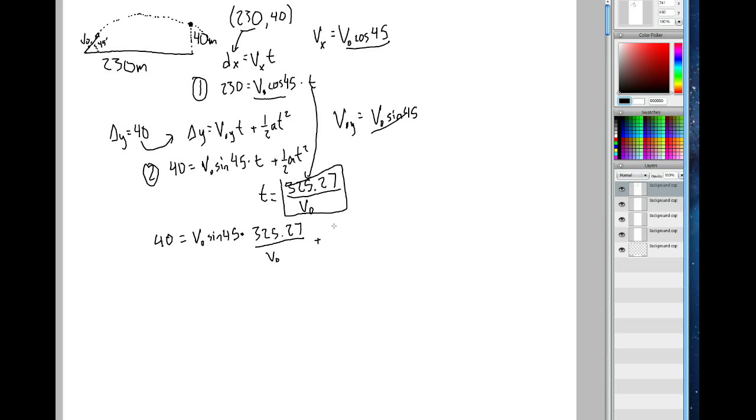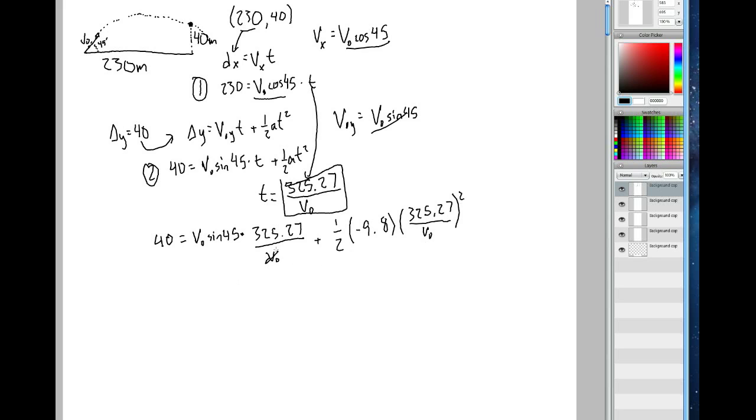And then plus 1/2 A. Well, A in this case, we're assuming our trebuchet is on Earth, so A is going to be negative 9.8. Now, T squared is going to be this squared, so I'm going to put everything inside parentheses, 325.27 all over V naught, and I'm going to square that whole thing.